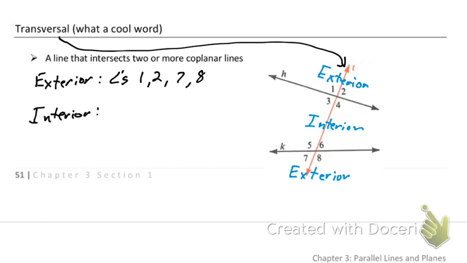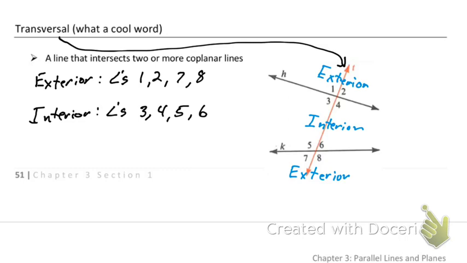And your interior is comprised of angles 3, 4, 5, and 6. So when I cut two lines with a transversal, I create 8 different angles. 4 are called exterior angles, 4 are called interior angles. That will always happen when you have a transversal. You always have 4 interior and 4 exterior.